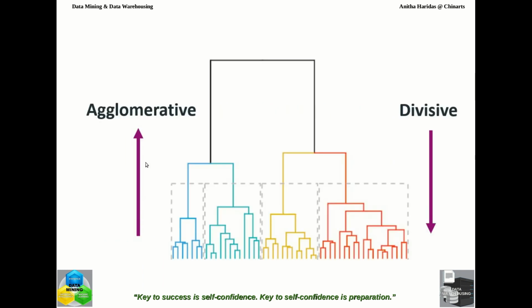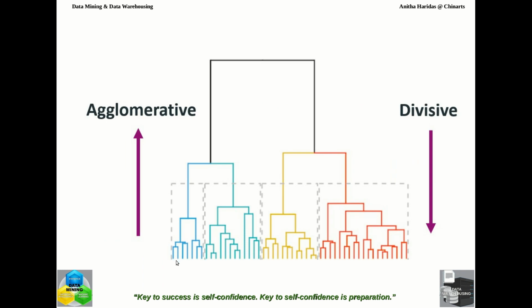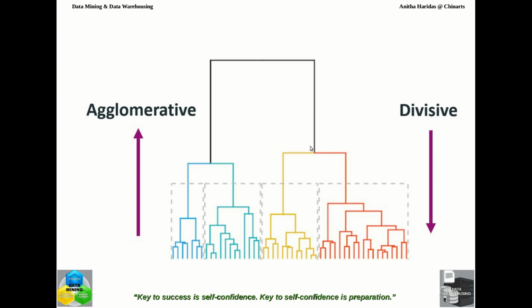So agglomerative is nothing but from small to big we go for merging. What happens here? These are all small data points and each data point will be merged together to get the clusters. Whereas divisive is nothing but from big to small. From the entire data points, we start decomposing it into smaller ones. We call it the divisive approach.